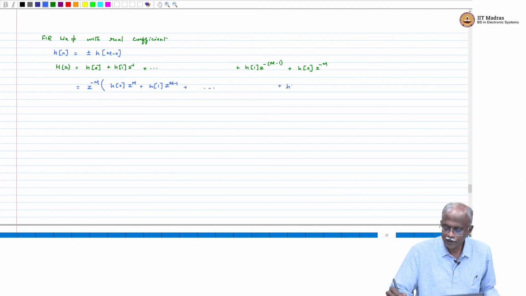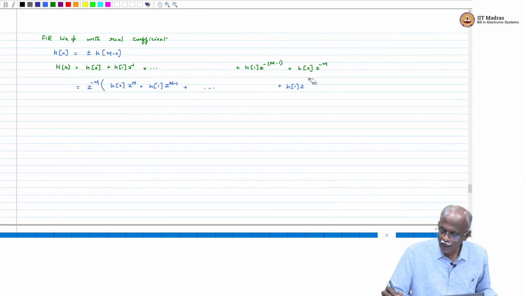The last two terms will be h of 1 z inverse, sorry, is it z inverse? No, it will be z. And the last term will be h0.